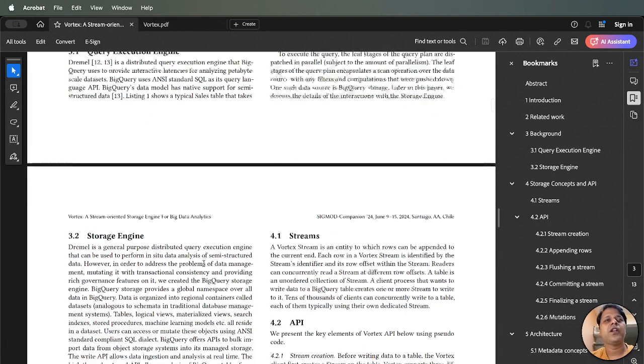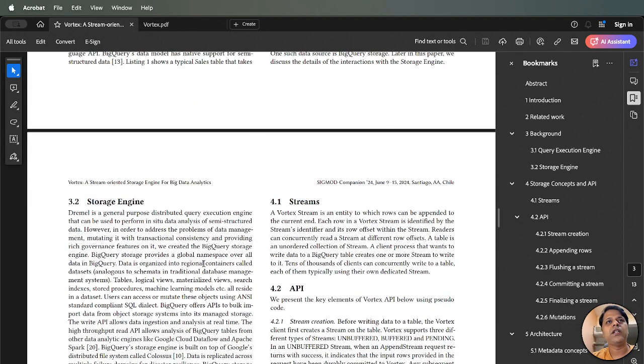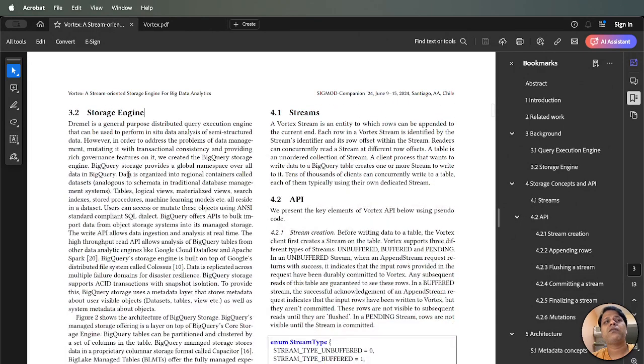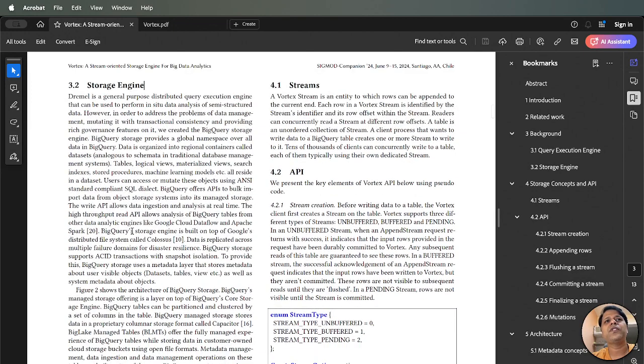Okay. Now the interface for Vortex starts with the storage engine, where if we perform the streaming ingestion, this is where it all starts. Again, the specifications or the content, it is all how generally BigQuery handles data.